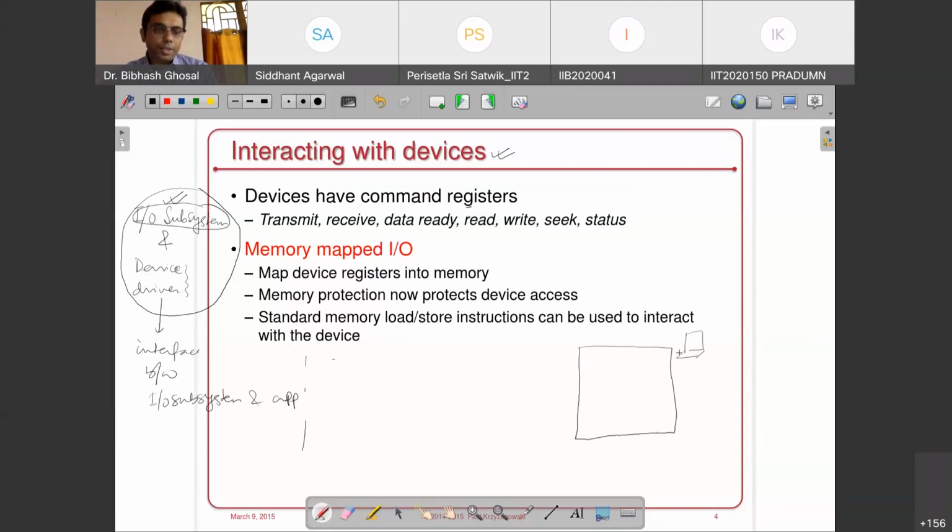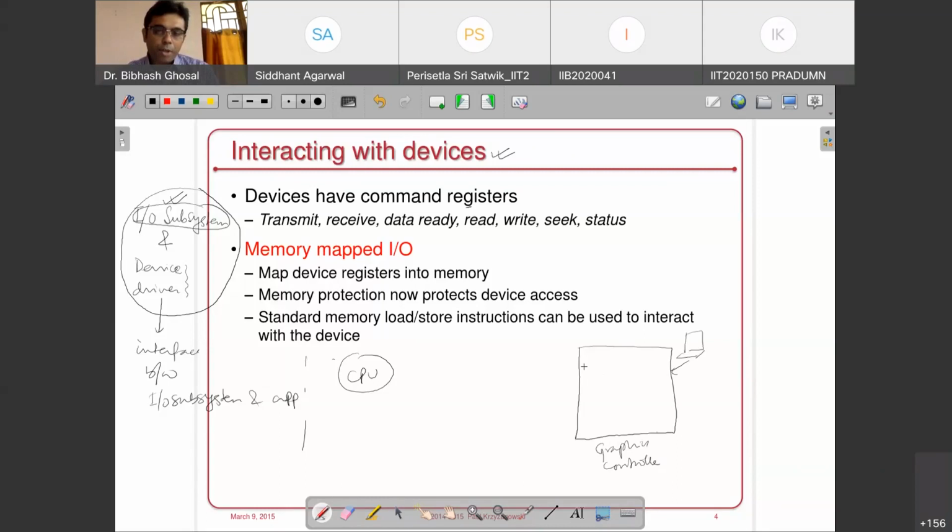This monitor has to communicate with the CPU. Now, how will this take place? This monitor will have something called, let's say, a graphics controller, which is hardware that will be able to control it.